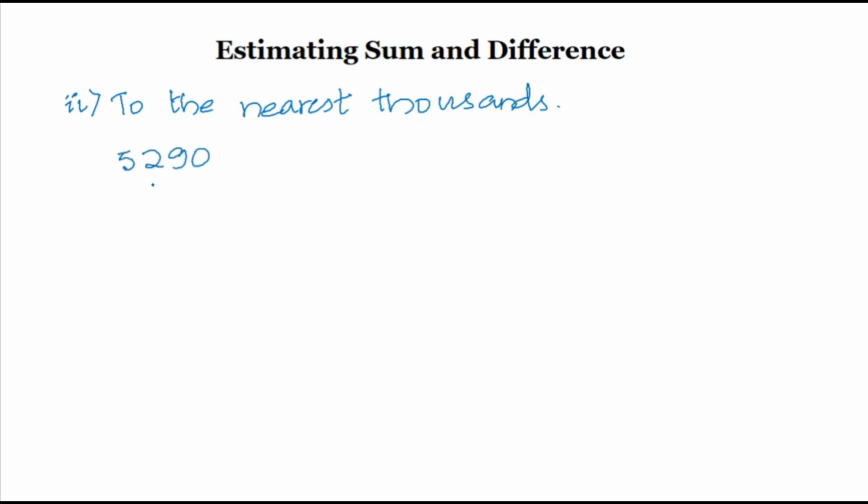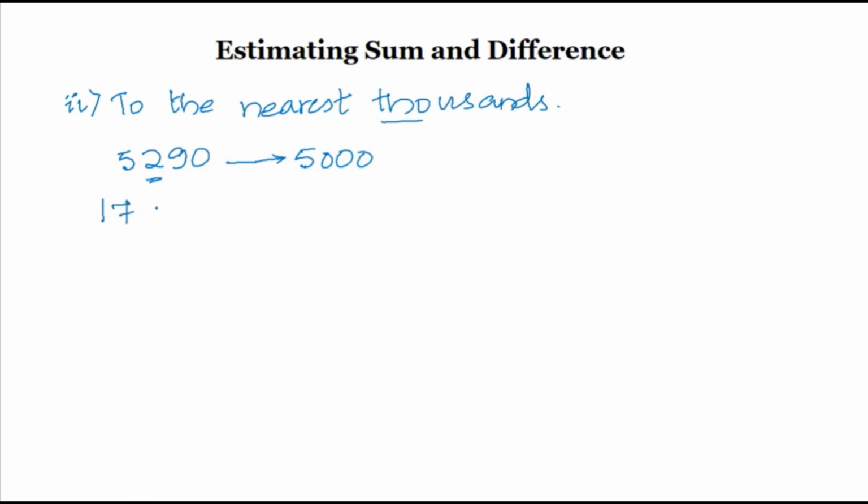If I want to round it off to the nearest thousands, I have to look into the hundreds place. Here, the hundreds place is lesser than 5. Therefore, we have to replace this digit with 0 and the previous digits, that is units place and tens place, also with 0. Therefore, the estimated number is 5000.